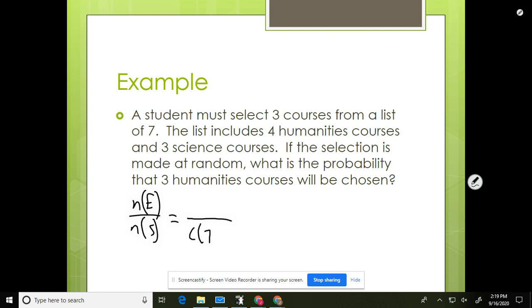So 7 choose 3. My numerator is what I want, my event. That's basically all 3 of our courses chosen are humanities. So I had 4 total humanities courses, selecting 3. And just note what you're selecting in the numerator needs to match up with what's in the denominator.